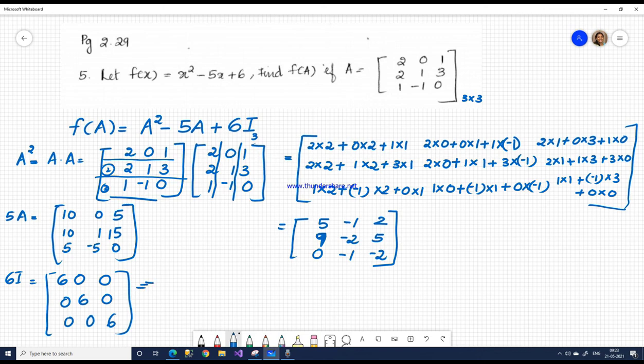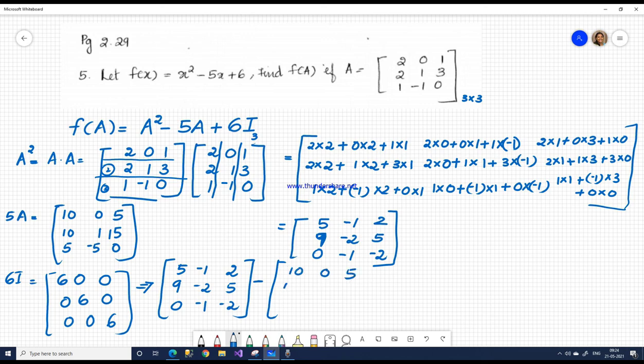Okay, now let's compute the value. So A square is 5, minus 1, 2, 9, minus 2, 5, 0, minus 1, minus 2. So this is A square. A square minus 5A is 10, 0, 5, 10, 1, 15, 5, minus 5, 0.